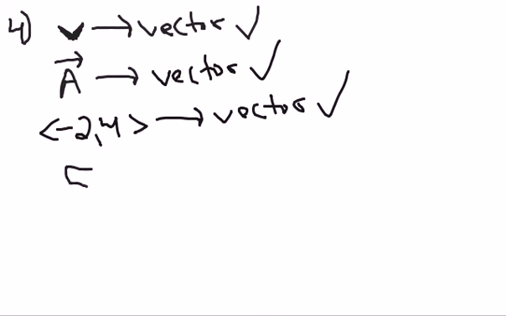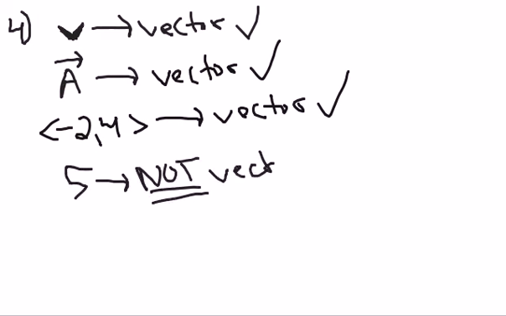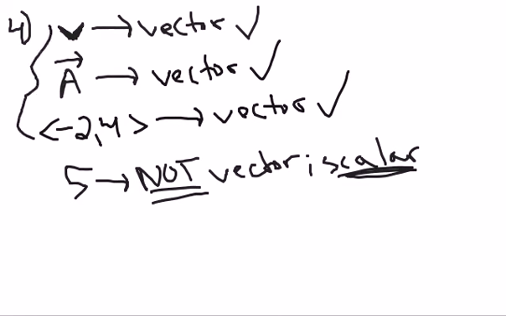The last one is not a vector. This is actually the scalar. A scalar in terms of vectors is simply a number, in other words, something that's not a vector. So there's number 4. The answers were the first 3, and number 5 is a scalar.